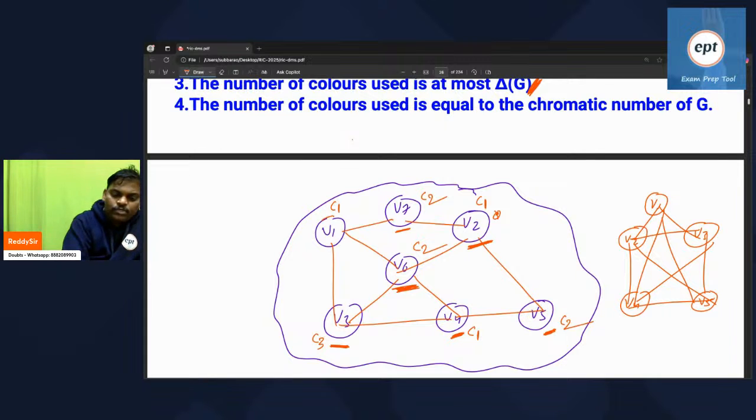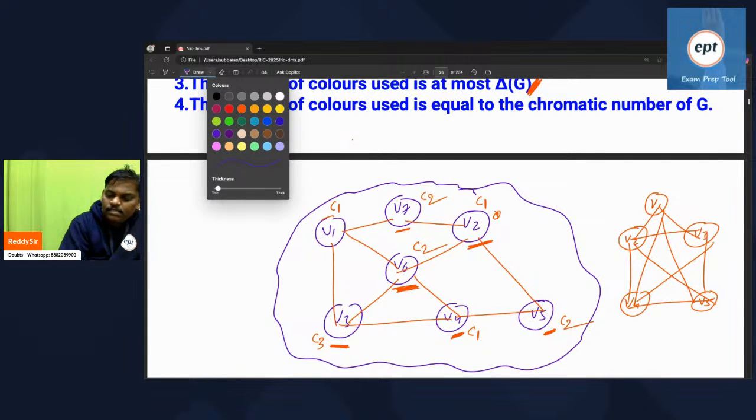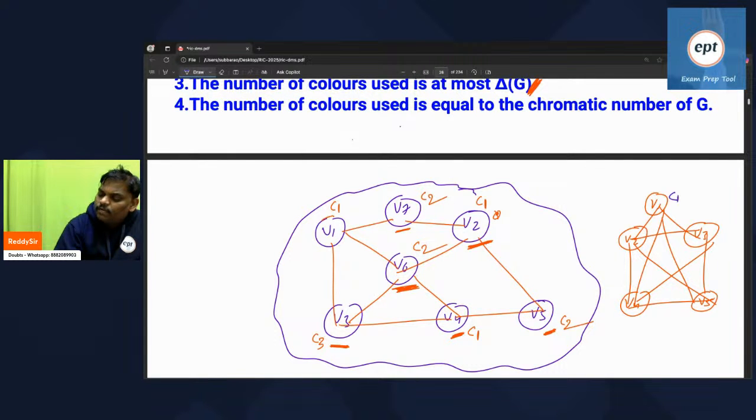I will give C1 here. I will go here. C1 is already adjacent, so I will give C2. I will go here. C1 and C2 are adjacent, so I will give C3. I will go here. C1, C2, C3 are adjacent, so I give C4. Then I have to give C5.